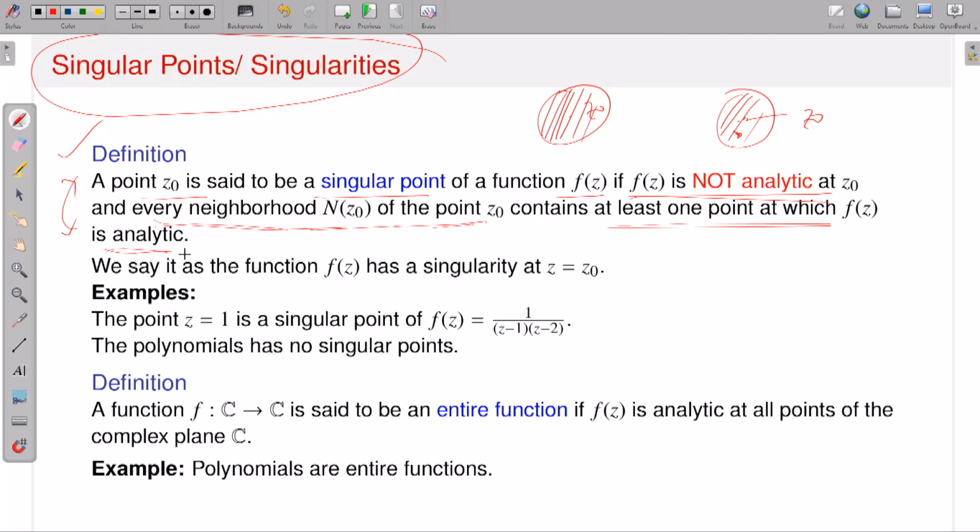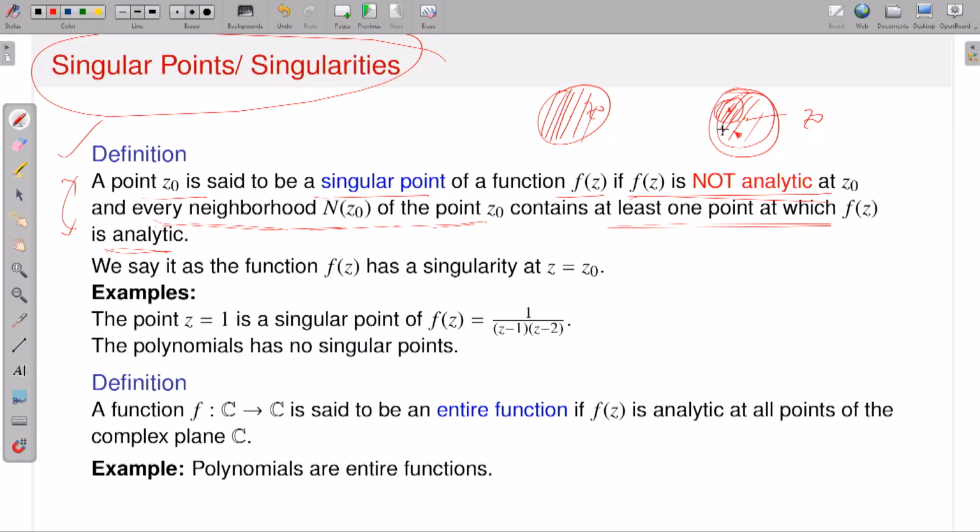So whatever neighborhood I take, it is fine that at least one point my function is not differentiable. On top of that, I want another point where my function is analytic, meaning at that point there exists a neighborhood where my function is differentiable. That is a little bit more than the negation of analytic at a point.